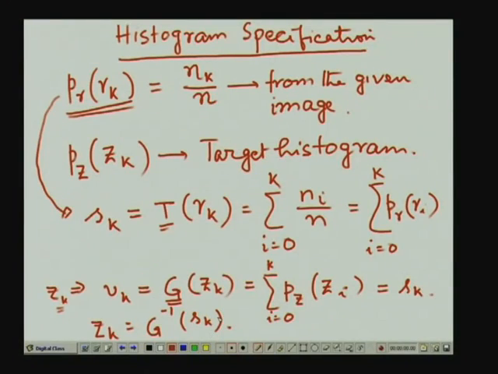Now, so far we have discussed that finding T(r_k), the forward process, is very simple, but the difficulty comes in getting the inverse transformation, that is G inverse. It may not always be possible to get analytical expressions for T and G, and similarly it may not always be possible to get an analytical expression for G inverse.